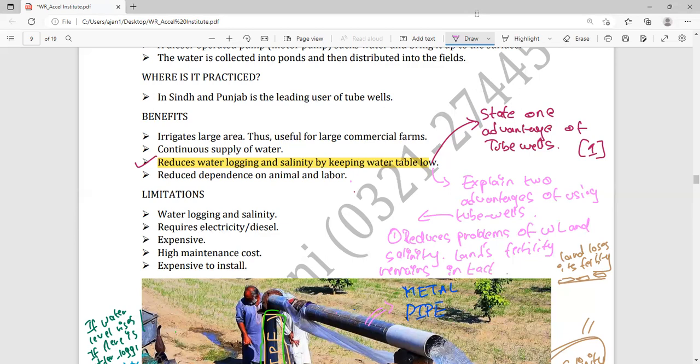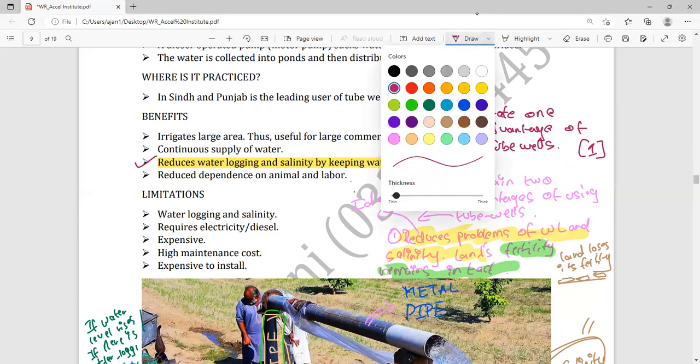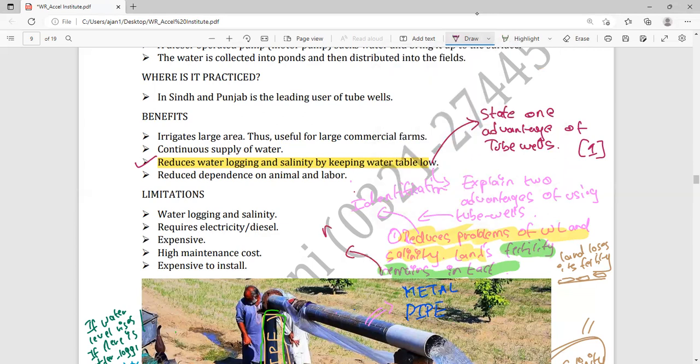So this part is the identification of the point, and this part is the development of the point. This is the development you need to do for a 4-marker question in which the keyword is explain. Similarly, let's move to other advantages.